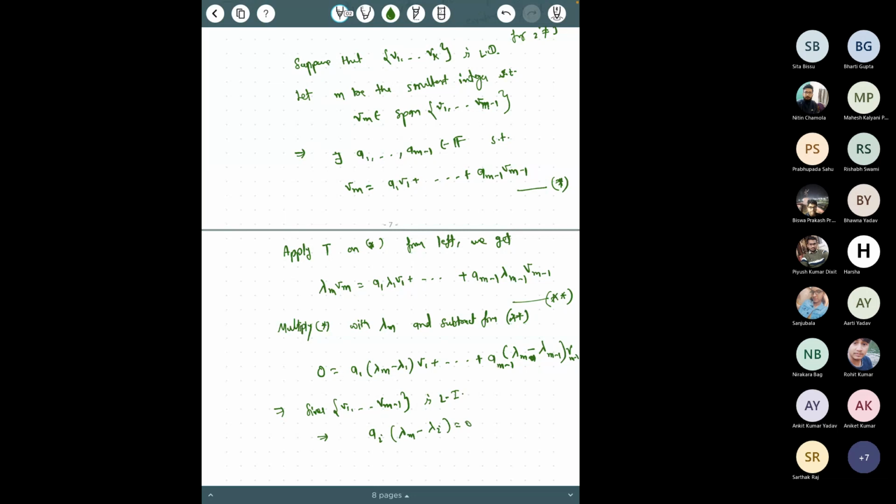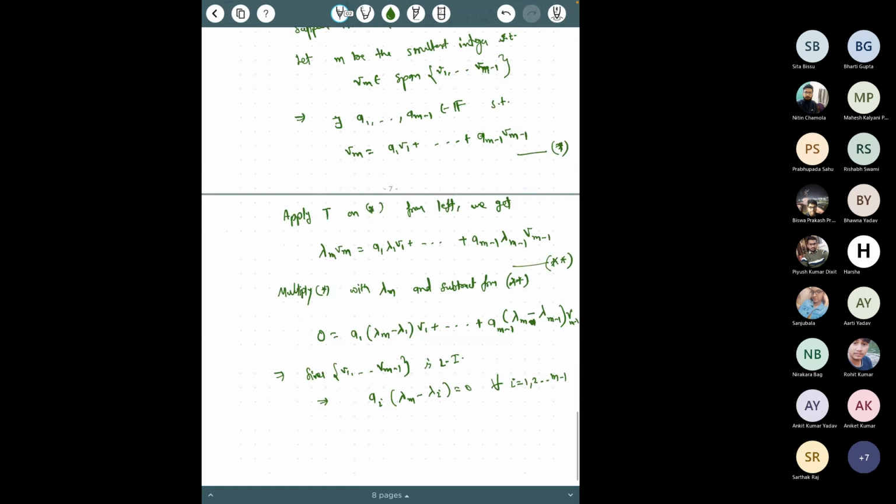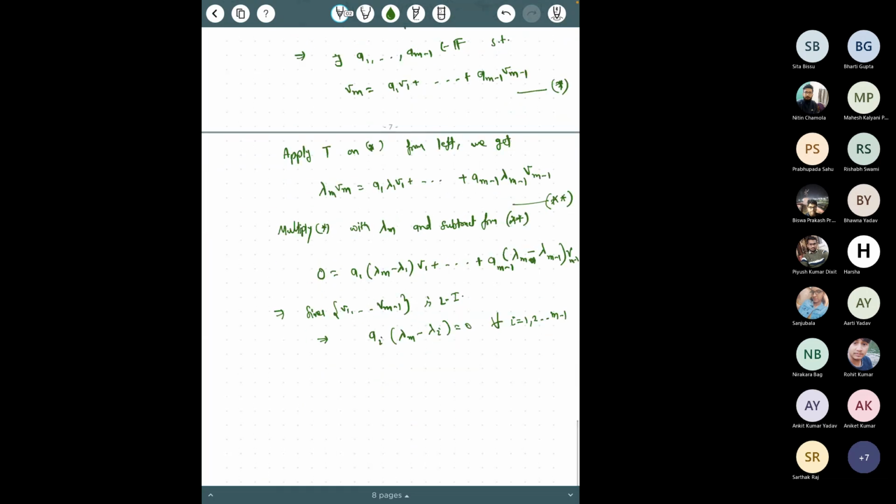But since the lambda_i's are distinct, this implies that the a_i's are 0 for all i equal to 1 to m-1.